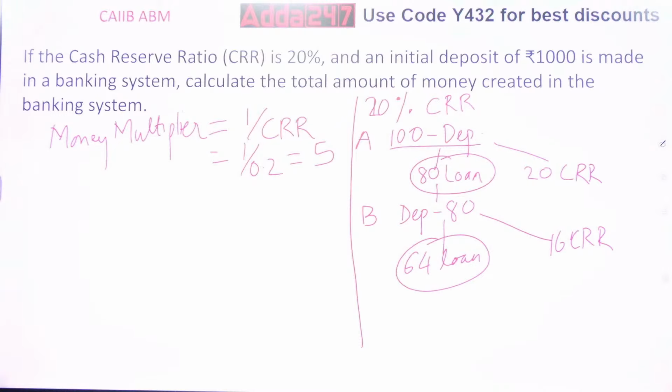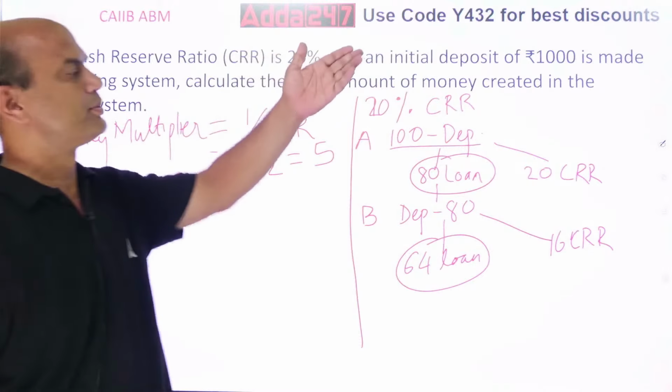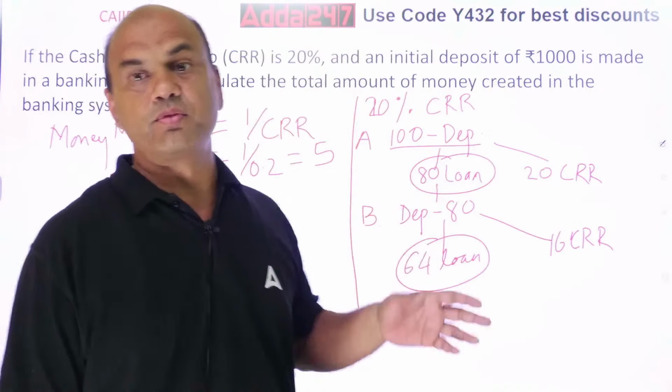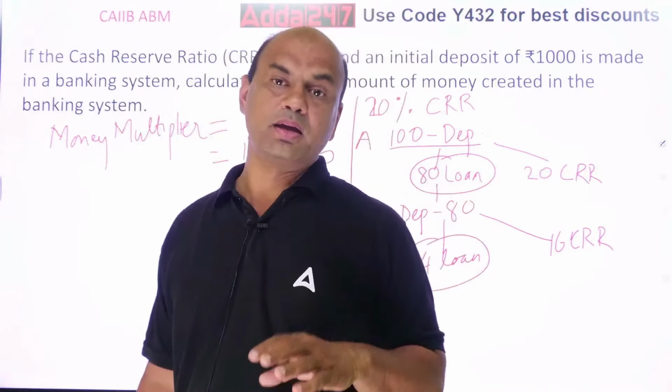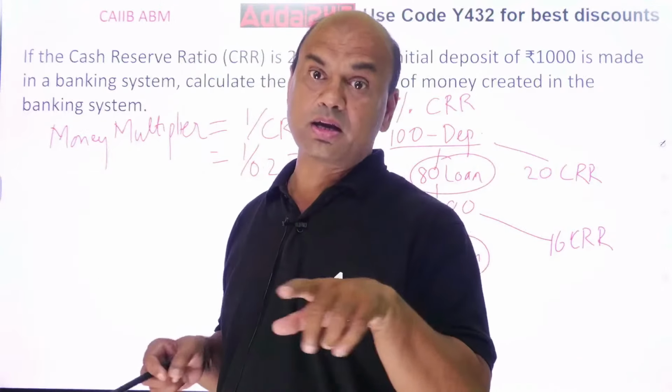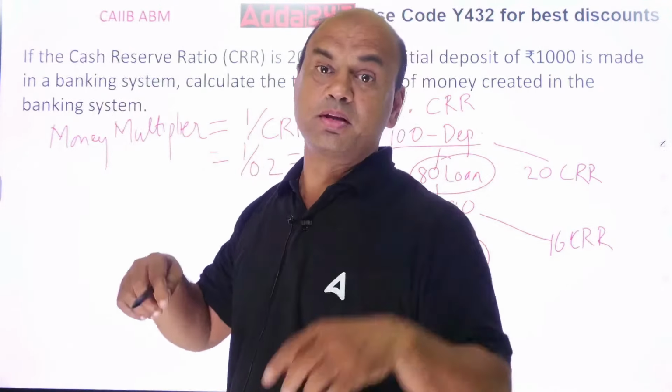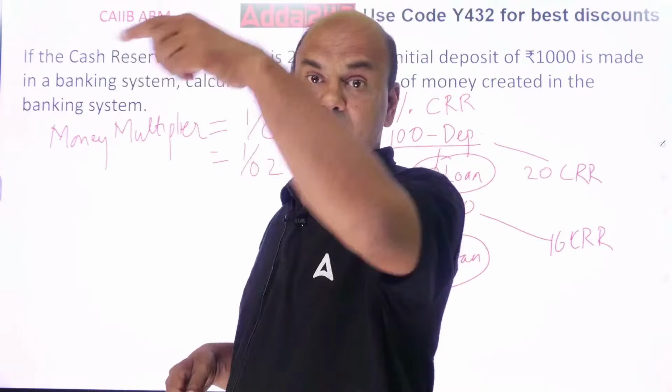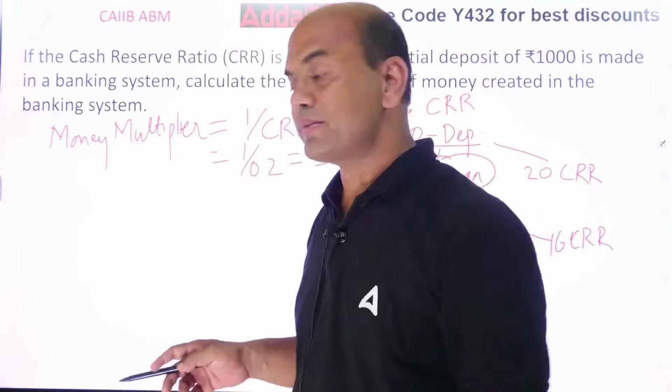If I make a deposit of 1000 rupees in the bank, what is the amount created in the entire banking system, through Bank A, Bank B, Bank C, Bank D and so on? Very tricky.